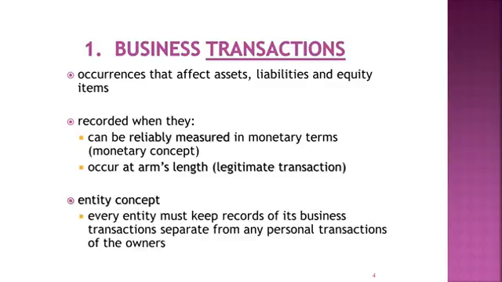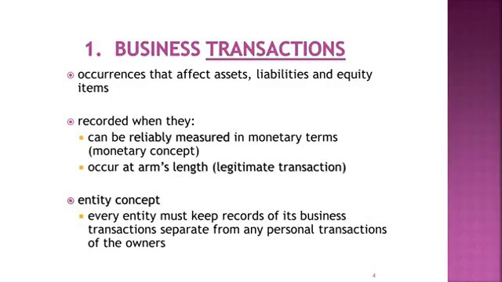The second concept that we look at is the entity concept. So every entity must keep records of its business transactions separate from any personal transactions of the owners. It just means that the entity or the business is separate from the owner.